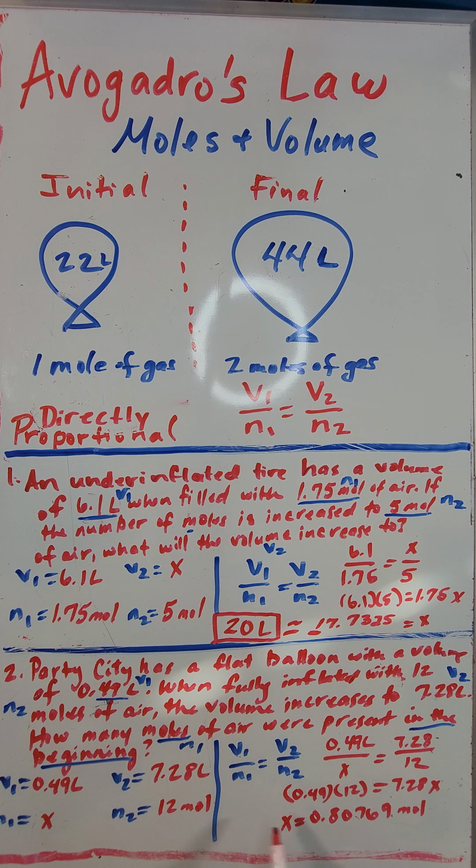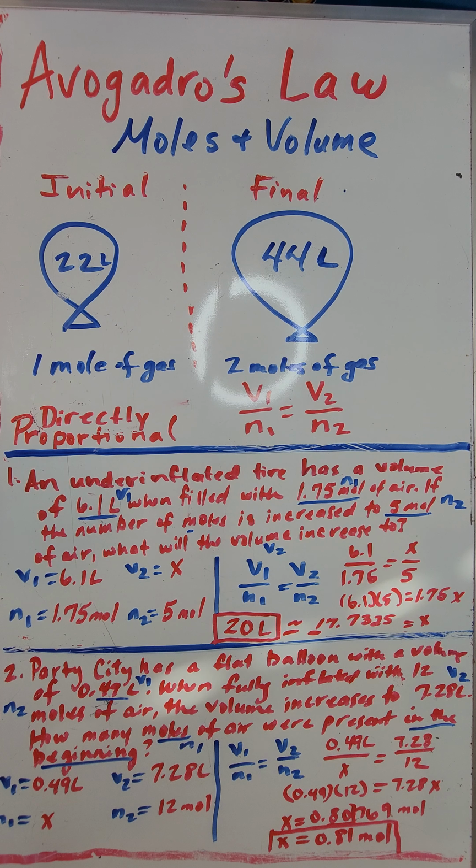But sig figs says this is 2, 2, 3, so we'll have 2 sig figs. We'll keep the largest place values, which means we'll keep the 8 and the 0. We're going to use the 7 to see if it rounds up. The 7 will round that 0 up to 1. So we end up with 0.81 moles of gas.